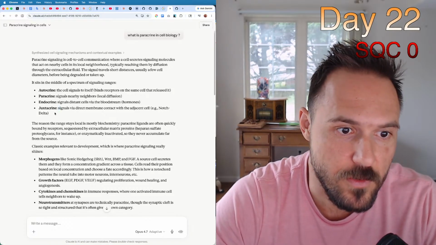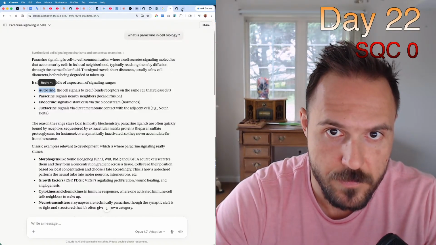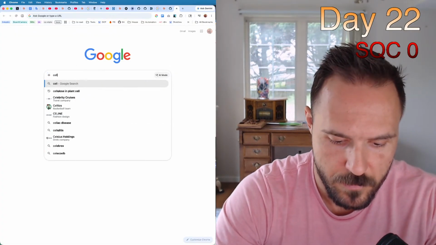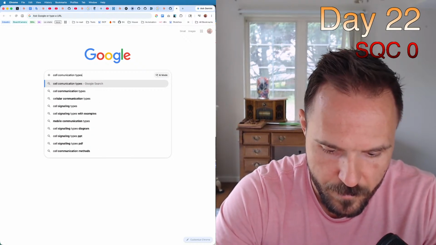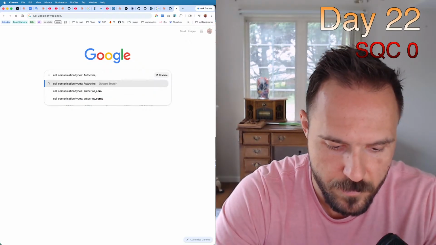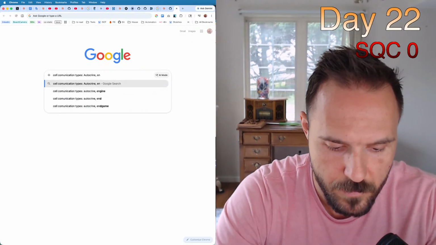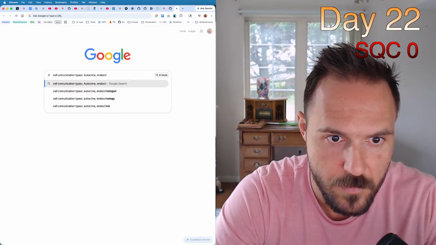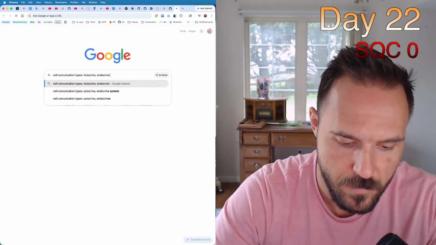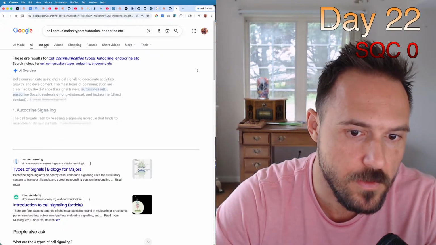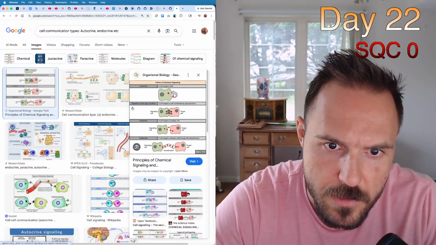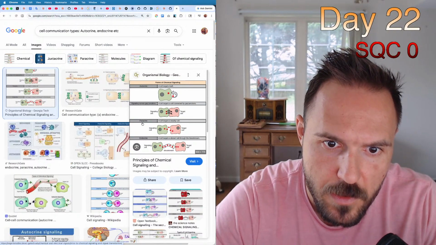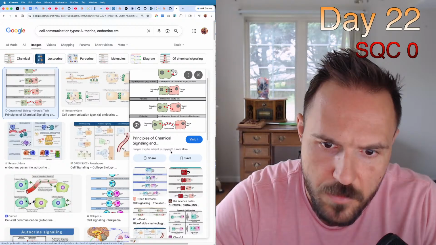That is so cool. I don't know if it's going to be enough to. Autocrine signaling up to junctions, paracrine, endocrine. Where are the others?